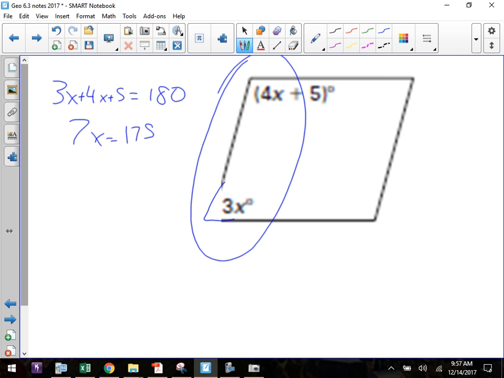How many quarters are in $1.75? 35. There are 35 quarters in $1.75. How about this? I will give you $1.75. You give me 35 quarters. You should be sorry.